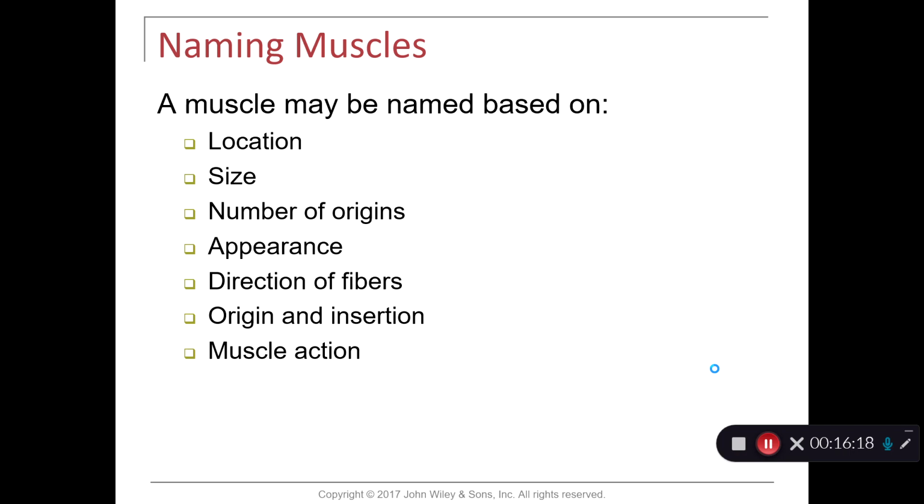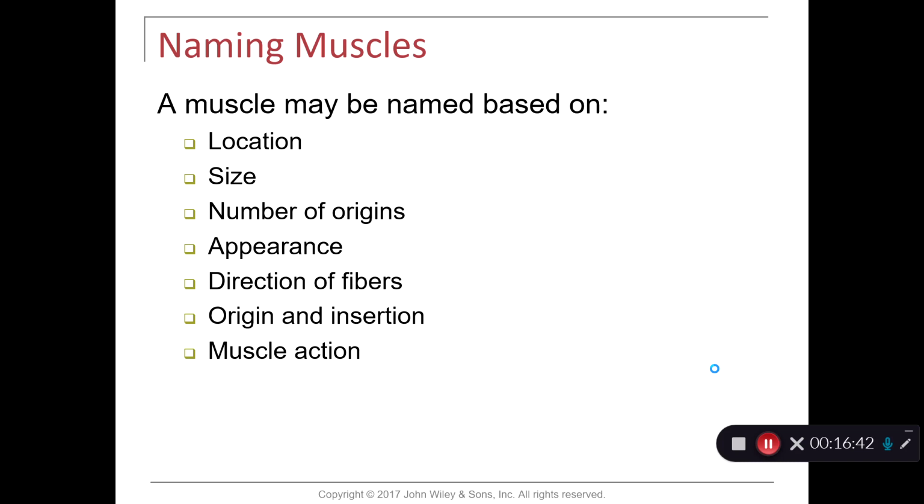Size: if there are several muscles in the same location but of different size, then there will be maximus, medius, minimus, or you can talk about the pectoralis major. We'll also have a pectoralis minor. Rhomboid major will have a rhomboid minor. The number of origins will explain to you your biceps.